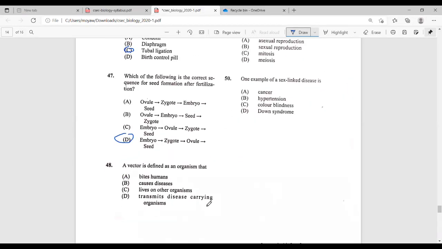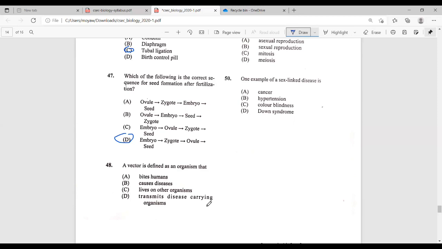Question 48. A vector is defined as an organism that A, bites humans; B, causes disease; C, lives on another organism; D, transmits a disease-carrying organism.